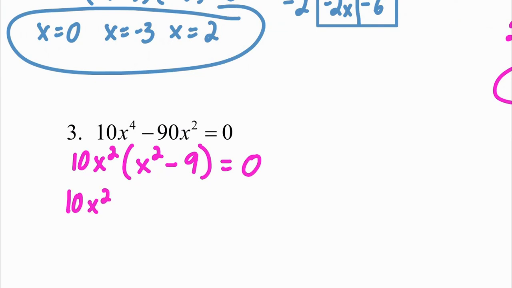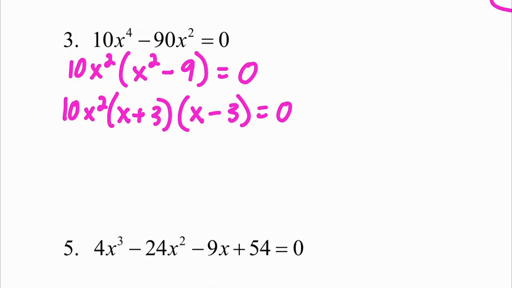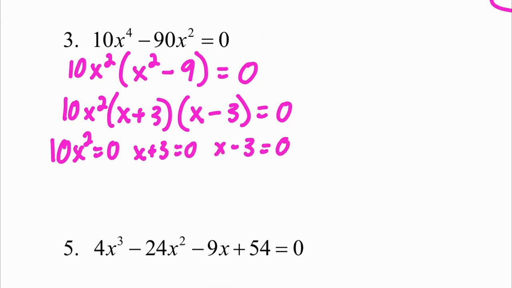We take the square root of the first term, which is x, and add the square root of the second term, and then we take the square root of the first, which is x, and subtract the square root of the second. Then we set each of these equal to 0 and solve. From that first one, we get x equals 0, and from the next two, we also get positive and negative 3.